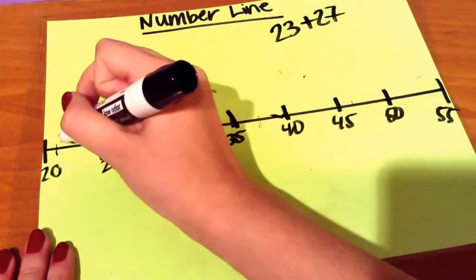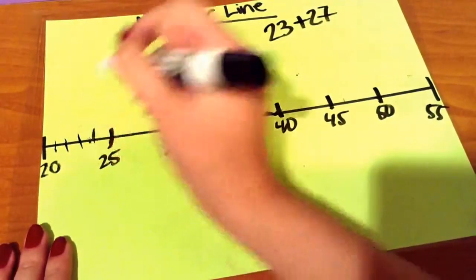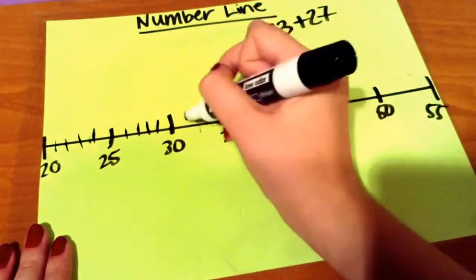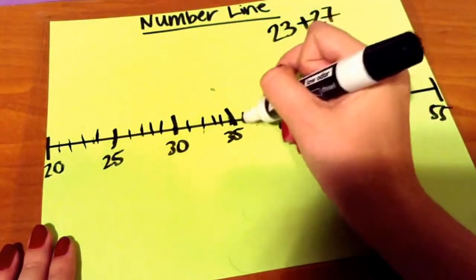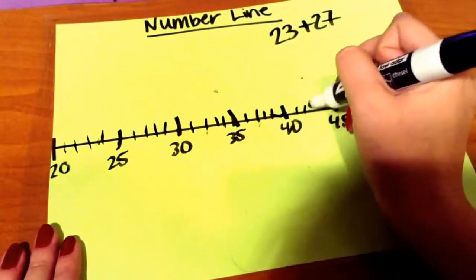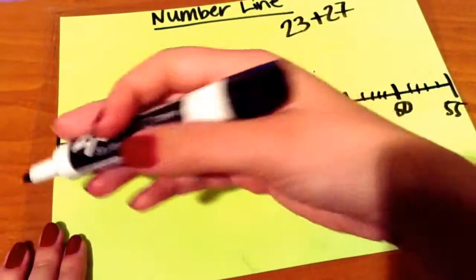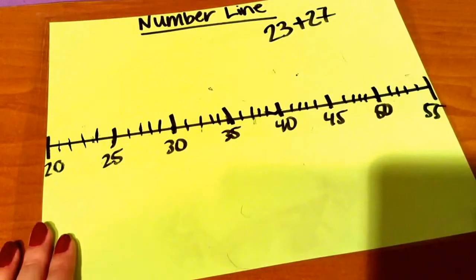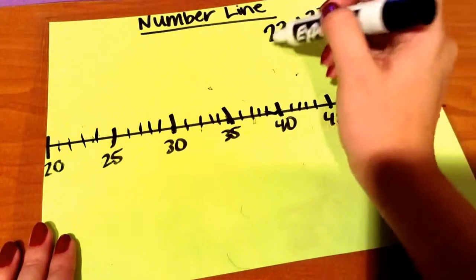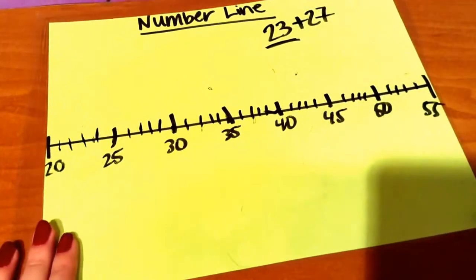Each tack in between, there's 4. Each one of these tacks represents one unit. So if I start at 23 with Tommy's number of Legos, where would I start on this number line?